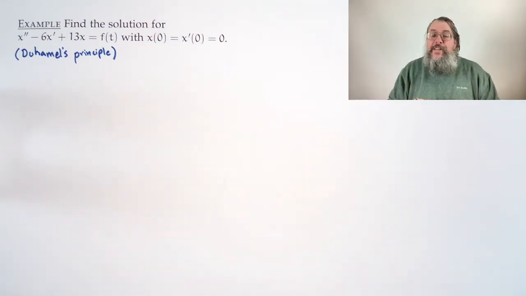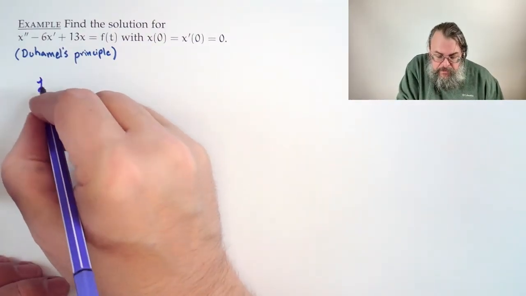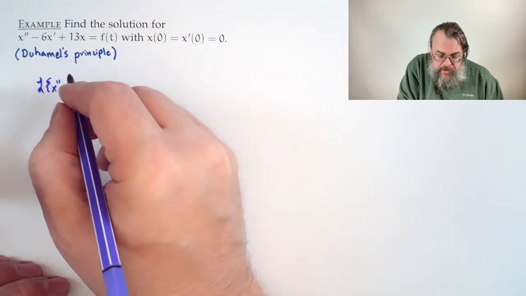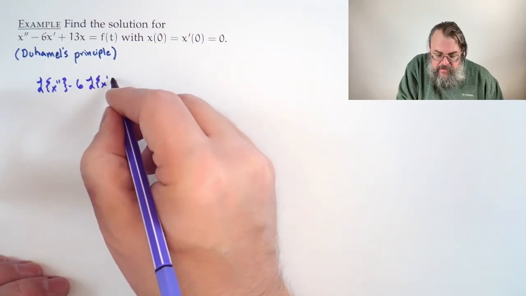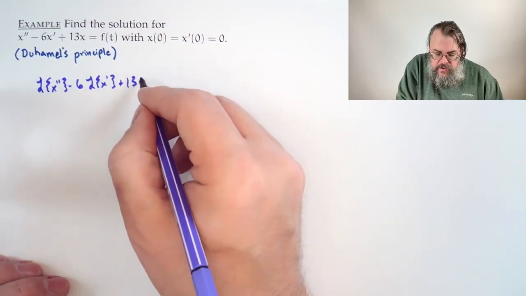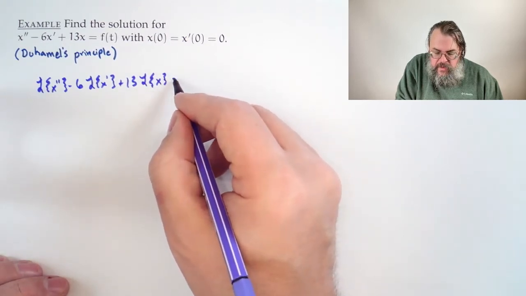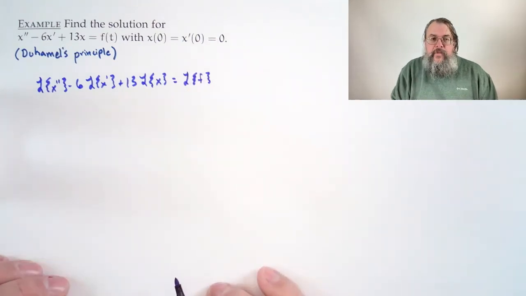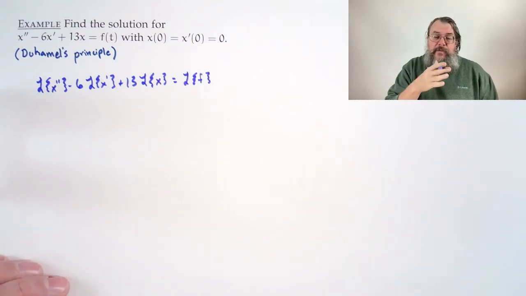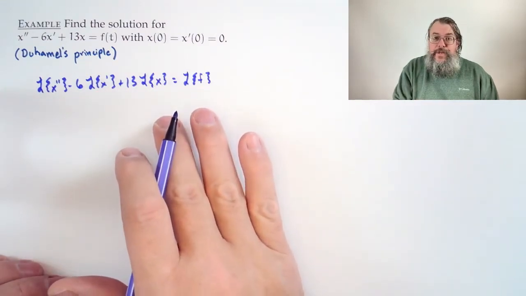All right. So we're going to take the Laplace transform of both sides. And we can use linearity. So we can say the Laplace transform of x double prime minus 6 Laplace transform of x prime plus 13 Laplace transform of x is equal to the Laplace transform of little f. Okay, with our initial conditions of 0 for x and 0 for x prime, that tells us that these transforms are actually super easy.